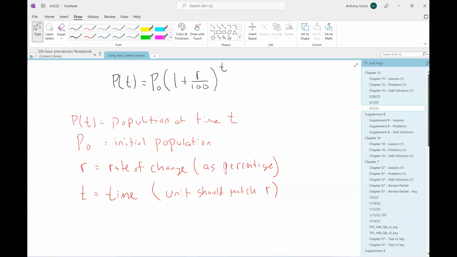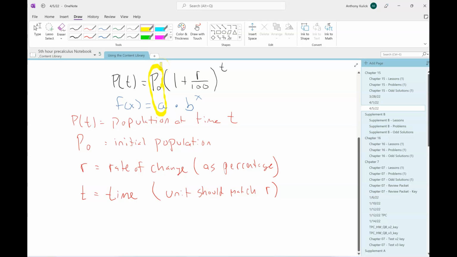All right. I want to point out to you, when we talked about exponential functions last time, we said that we could write them in this form, a times b to the x.